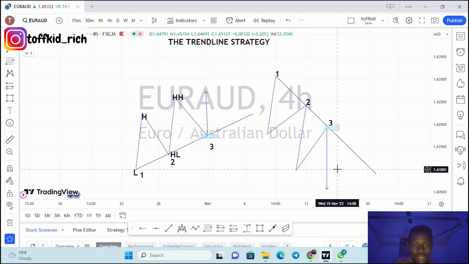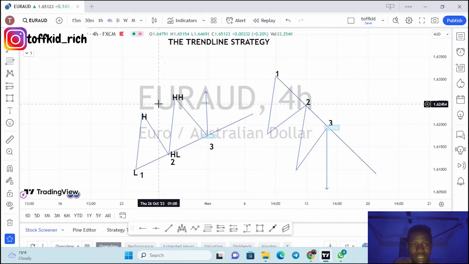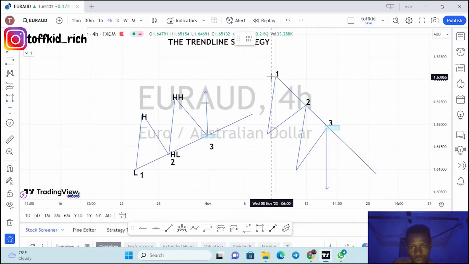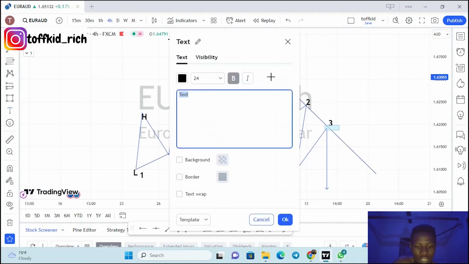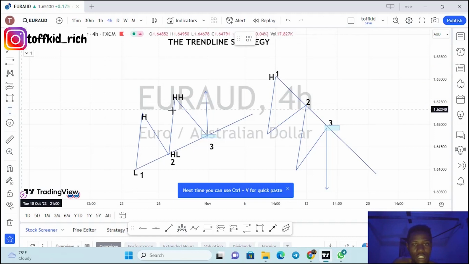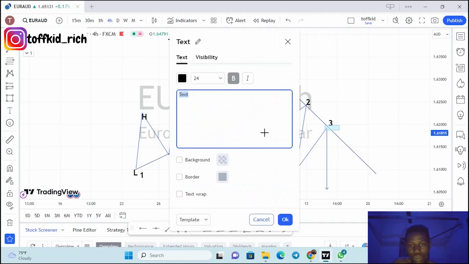Just as we were able to identify the low, the high and the higher low in the uptrend, right here too we must be able to identify that here is the high and here is the low of the downward structure of the market.